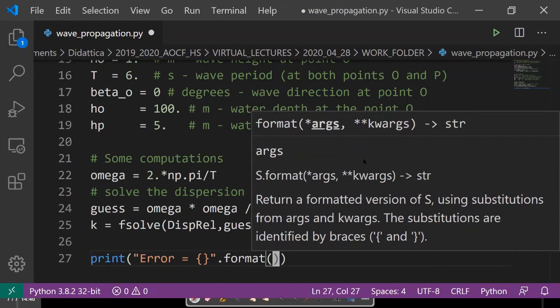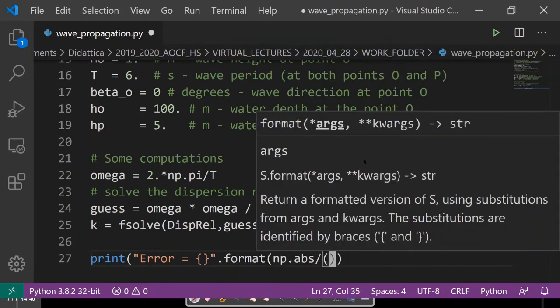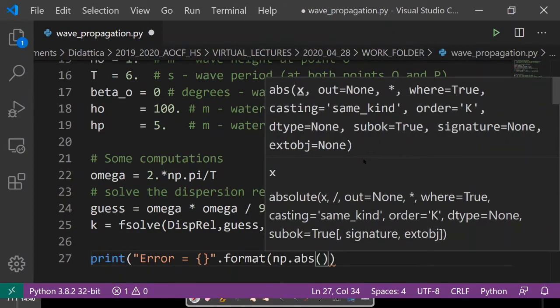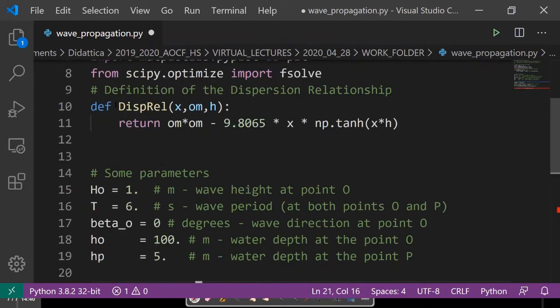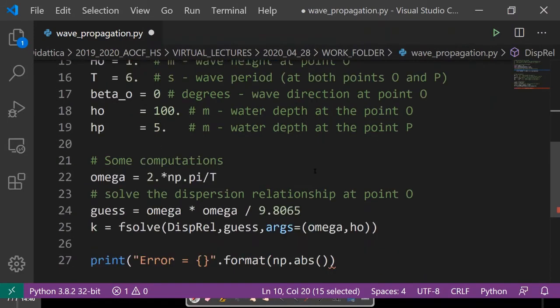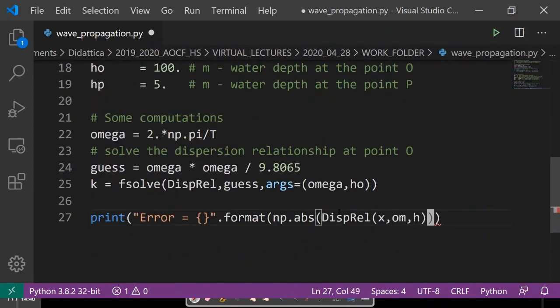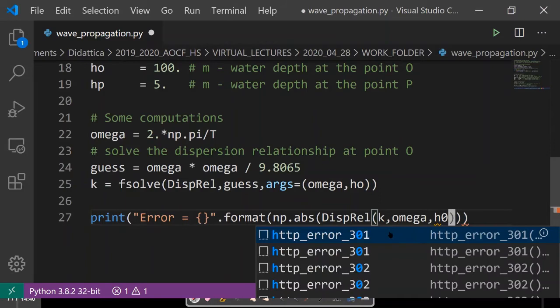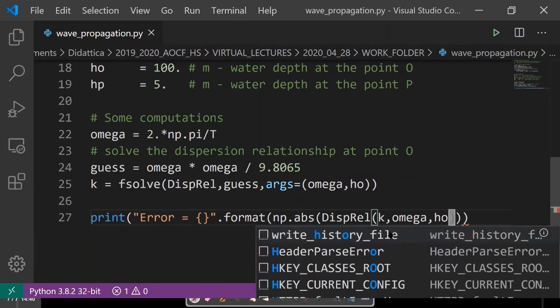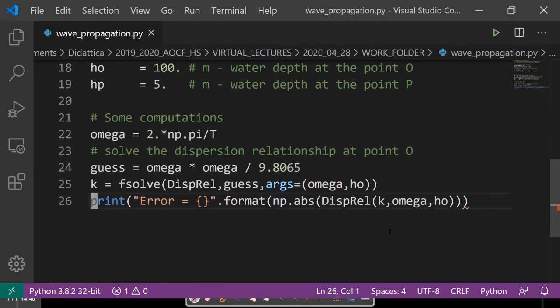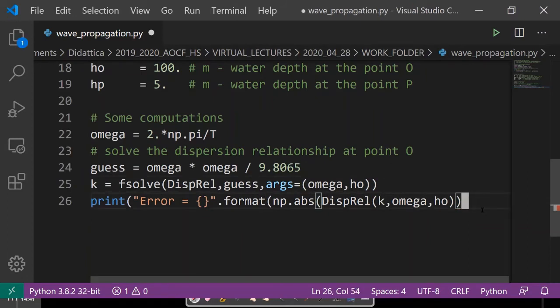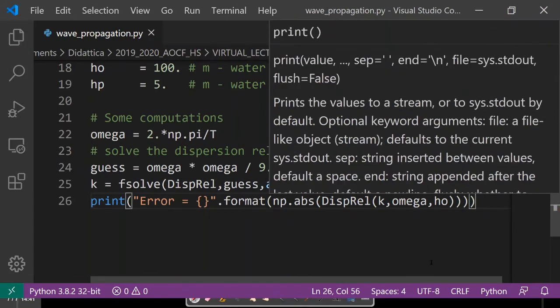So we can write here the absolute value is np.abs, the function, but we can use this one. We can use this one of the dispersion relationship by using the computed K with omega and with the correct water depth. So now, if I forgot something, this one and this one.